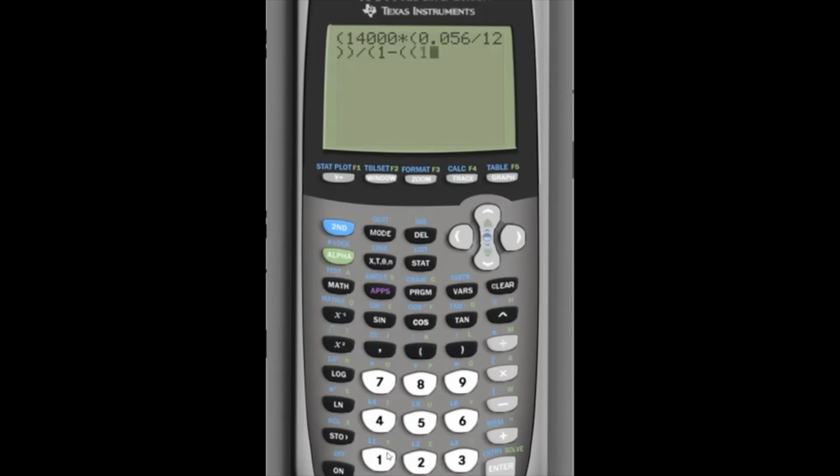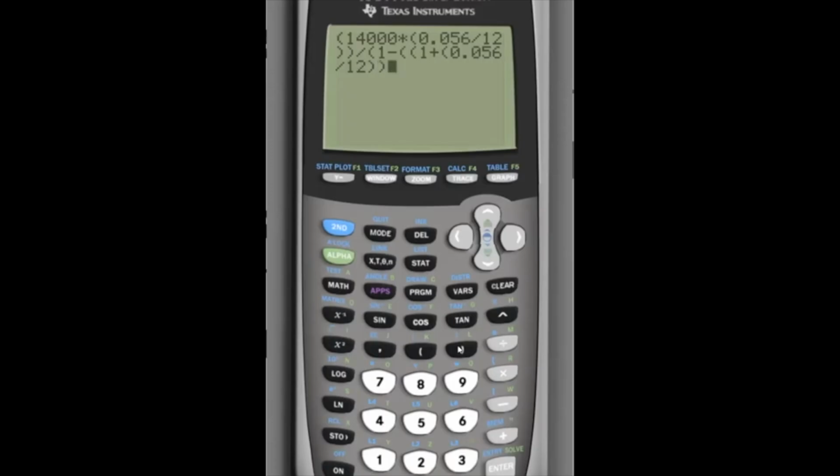Now I can go ahead and do 1 plus, and now we have another ratio here. We have a fraction, 0.056 divided by 12. We want to make that its own value, so more parentheses, 0.056 divided by 12. So that's its own ratio.